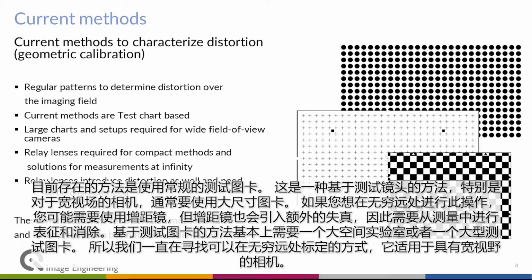The current methods that exist out there use a regular pattern, and most of them use a test chart. So it's a test chart based method that often requires large charts, especially for cameras with a wide field of view.